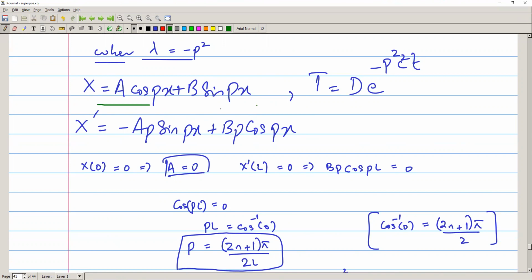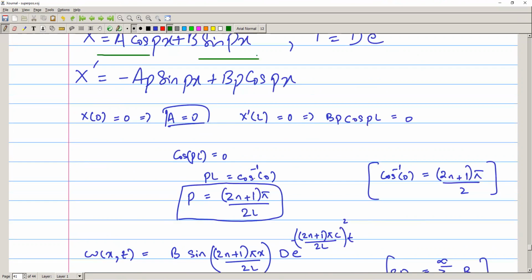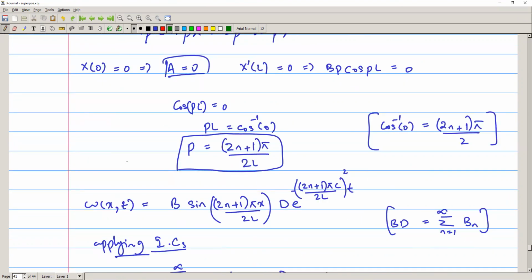X is equal to this function, T is equal to this function, and we will apply the boundary conditions, and we will get this, right? And this is the same as the problem of the homogeneous mixed boundary conditions, so we don't need to calculate, we can write it directly.